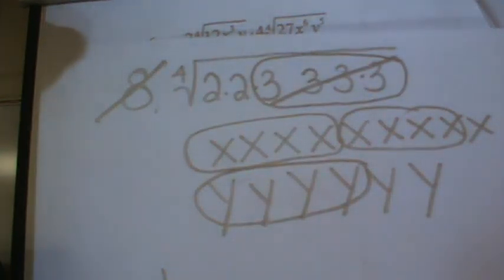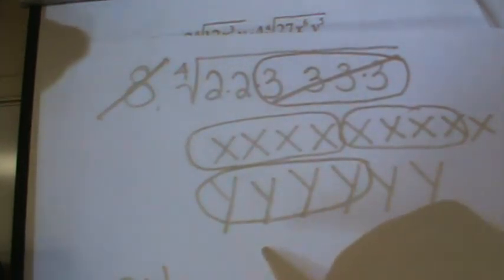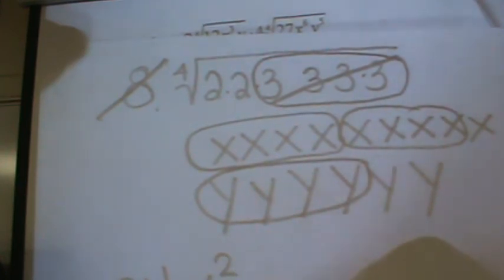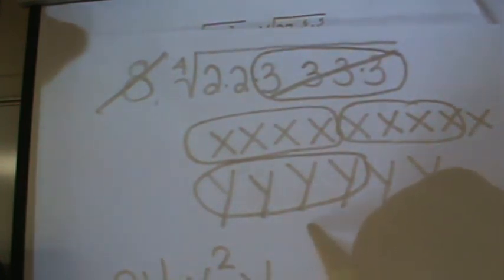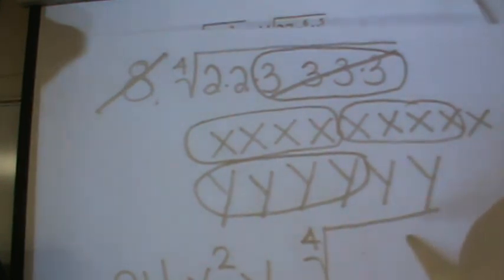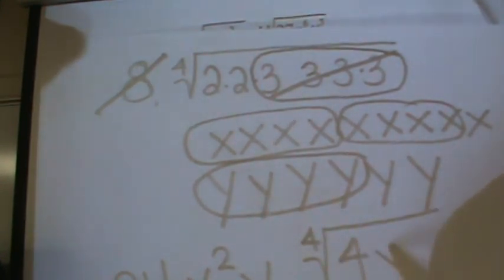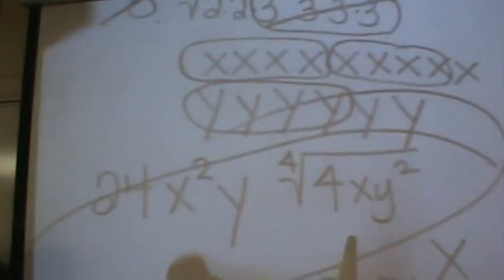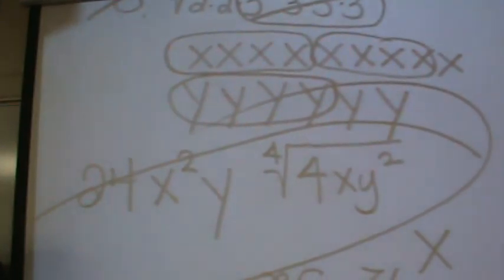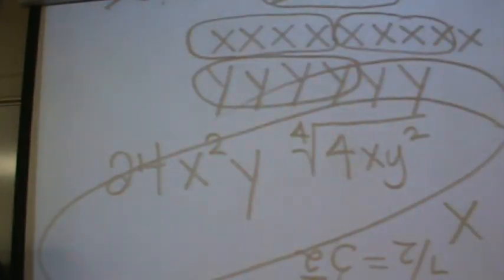What else? 2 x's or x squared? And how about y? Okay, what's left over? 4. You got it. It's 24x squared y, 4th root of 4xy squared.